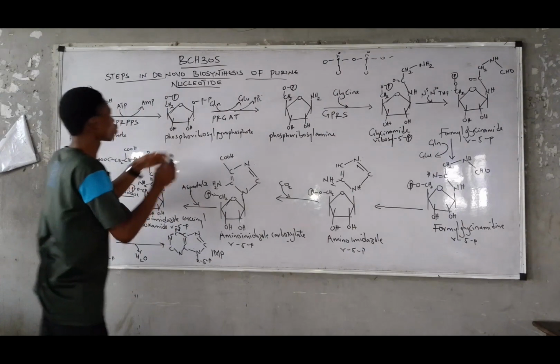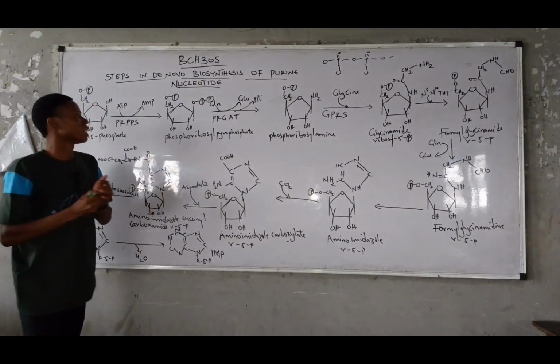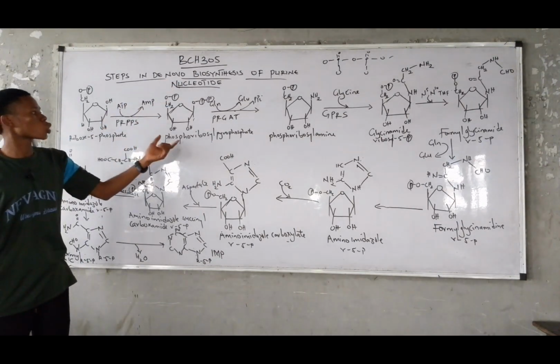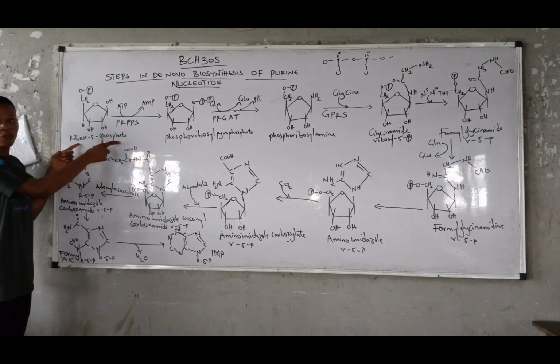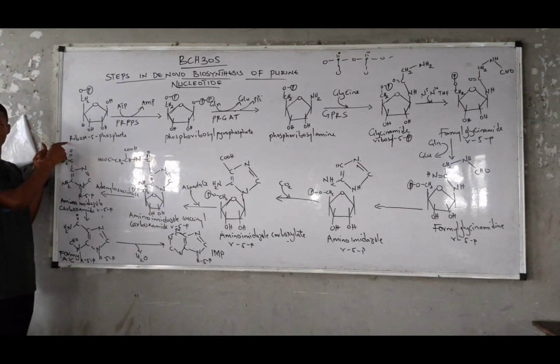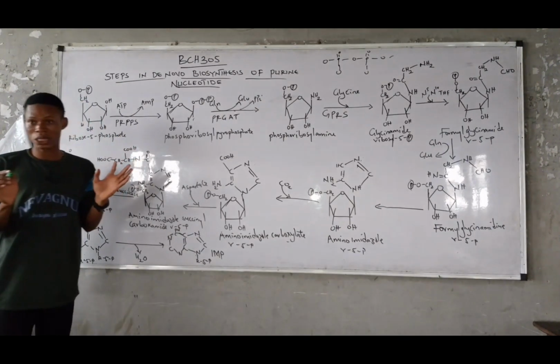If you are writing it like this, it is good. You put it in a circle like this. Good. Now, this is phosphoribosylpyrophosphate. Remember, this is ribose phosphate. So, making it a substituent now, we call it phosphoribosyl, then the pyrophosphate we added. Good. That's the very first thing.